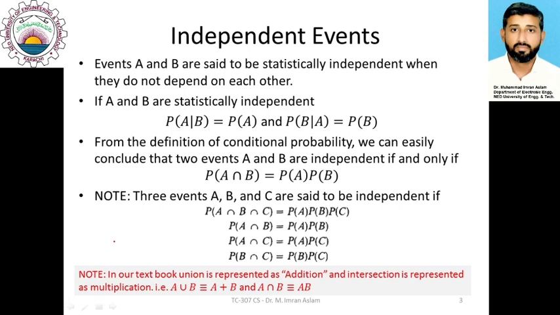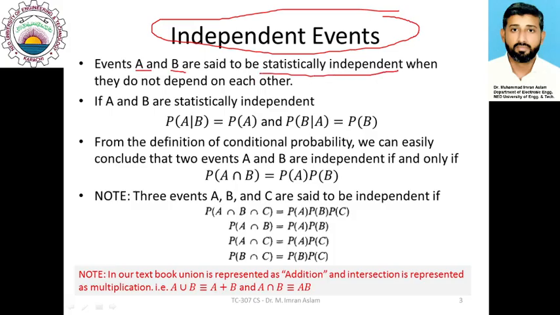Another important concept related to probability is independent events. If we have two events, say A and B, they are called statistically independent if they do not depend on each other.